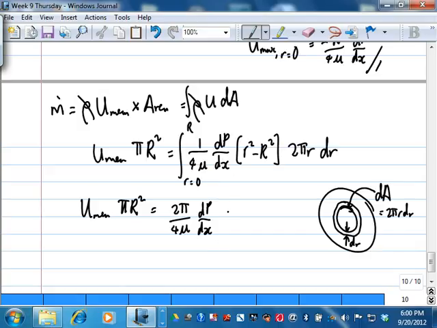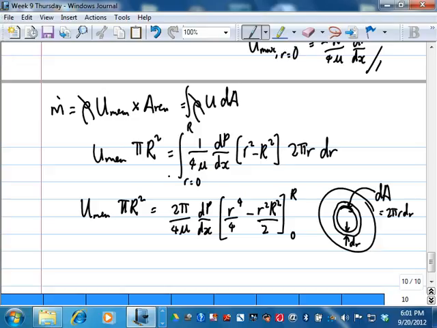Hang on. This r cubed integrates to r to the 4 over 4. This r times R squared becomes minus r squared over 2. And we integrate from 0 to big R.